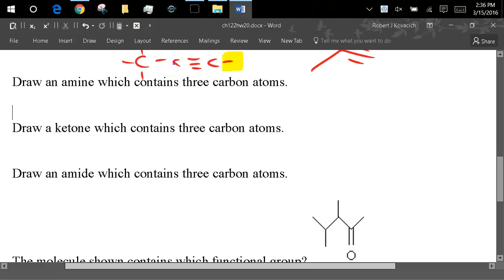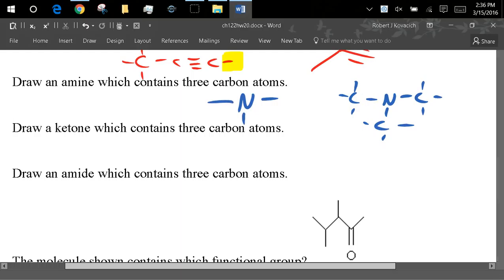An amine, so we'll do this. How come that one's an amine? It's not enough.